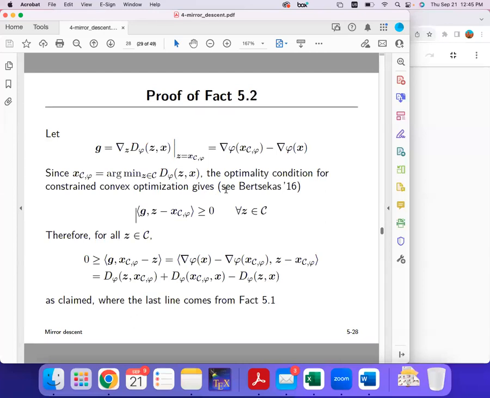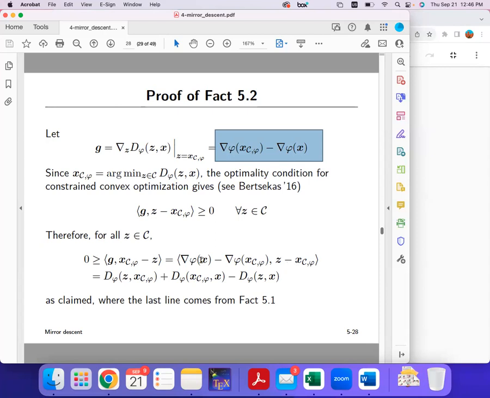There's a reference, but I won't go into the detail. Basically, for constrained convex problems, this is similar to the gradient equaling 0 when there's no constraint. Then you plug this into this G and this inequality and rearrange. So you basically get that 0 is greater than or equal to this inner product.